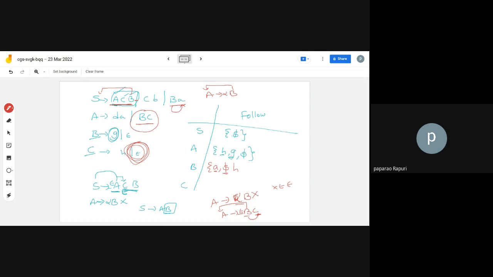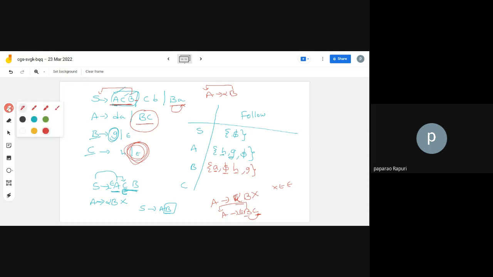Here dollar existed, h also existed, and we need to add g here. So follow of B is dollar, h, g, sir.